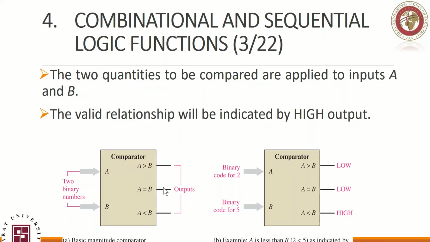So 0 will be here, 0 will be here, and the same goes in other cases. If A is greater, this one is high, low, low, and so on. So which one would be active is determined by the real state here: which one is greater, or if they are equal, that one will be activated. All right.